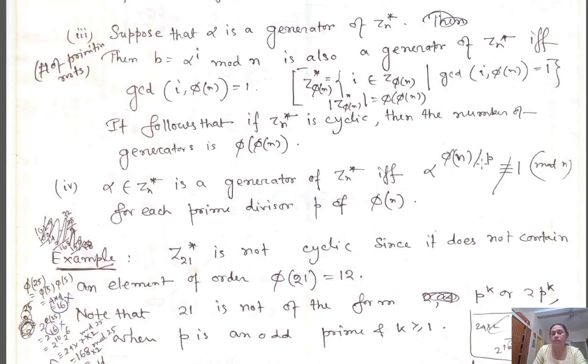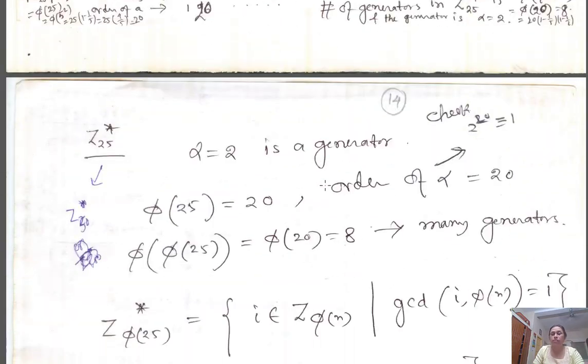We have to find all the prime factors, all the divisors of phi n, and check whether this condition holds or not. This number 4 condition.